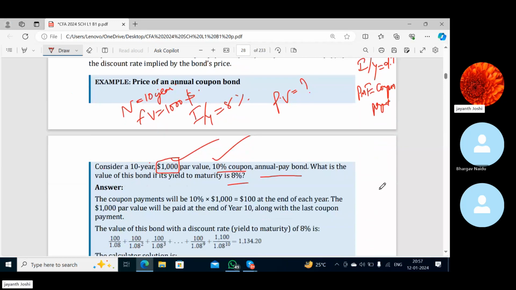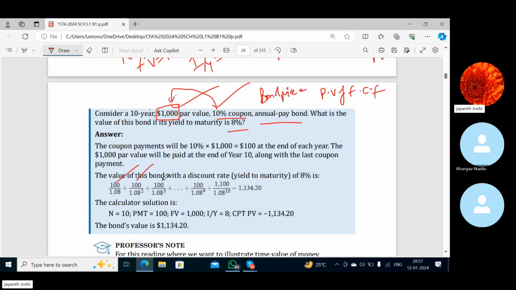You should know that the bond price is nothing but the present value of future cash flows. So what are your future cash flows? Every year, 10% of 1,000, that is $100, you will be getting. That will be for a span of 10 years.